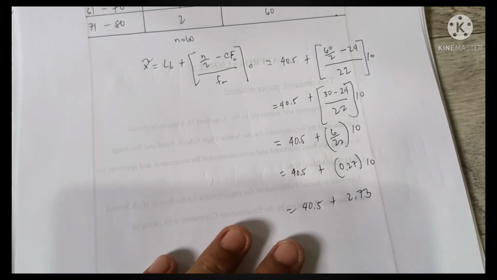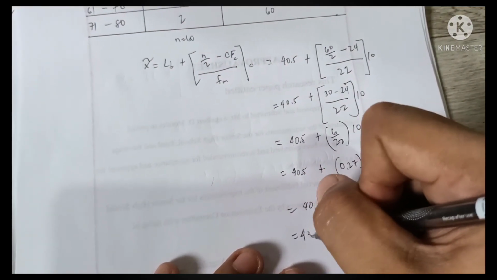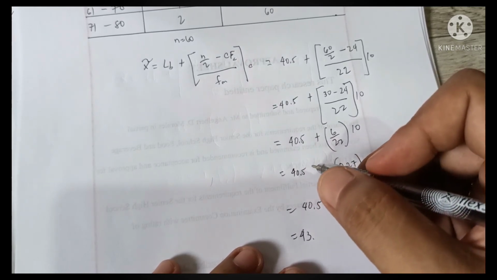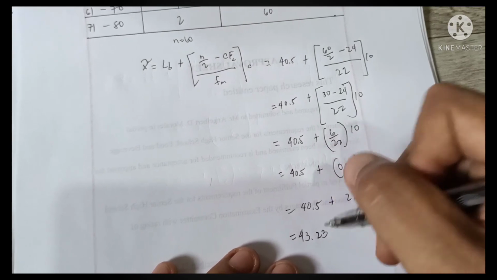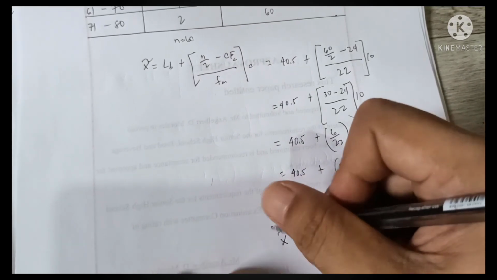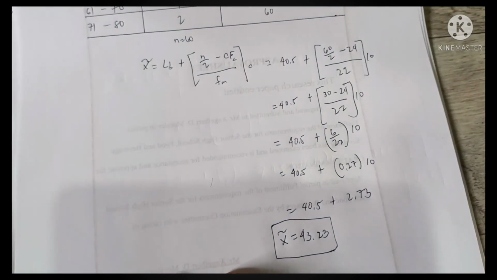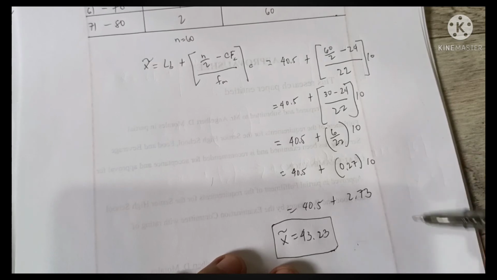So, add lang natin yan, plus 40.5. So, we'll be having 43.23. So, that's the median. 43.23. So, that's our answer. Okay?